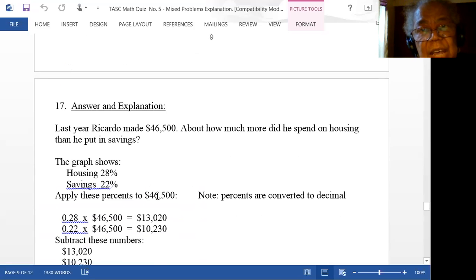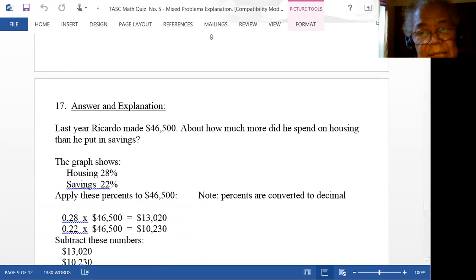Applying these percents to the 46,500, converting those percents to decimals, 0.28 times 46,500, 13,020, 22% to a decimal, 0.22 times 46,500 is 10,230.